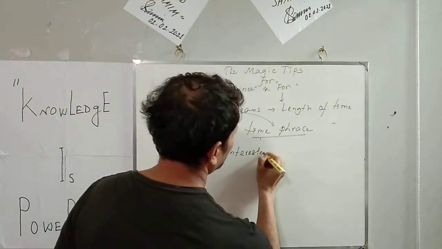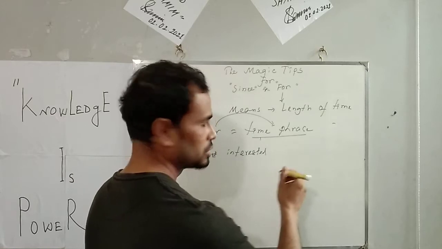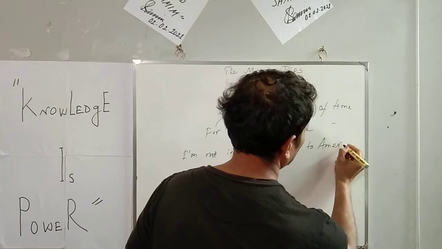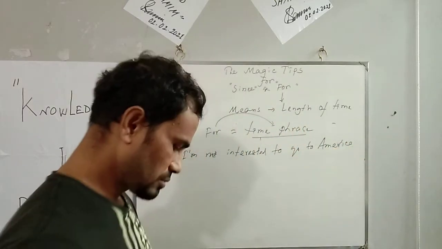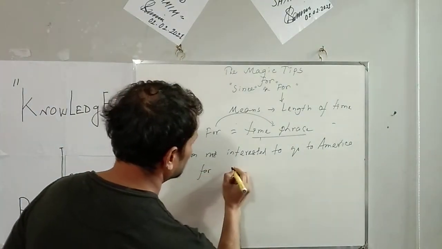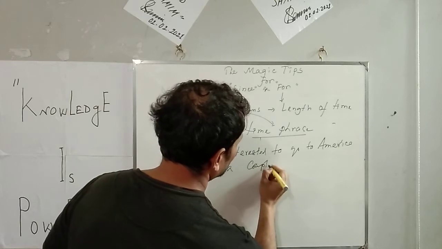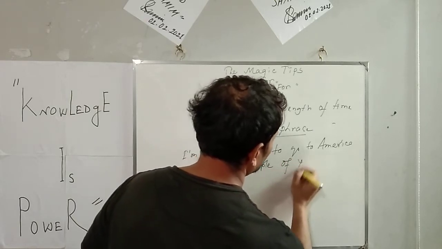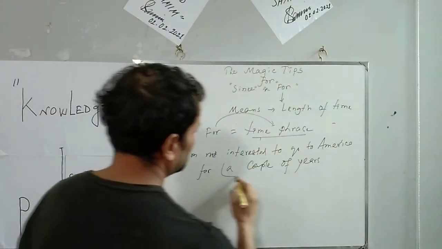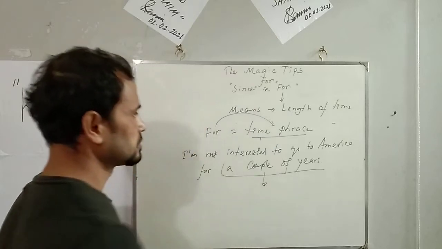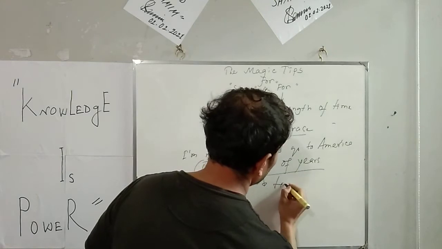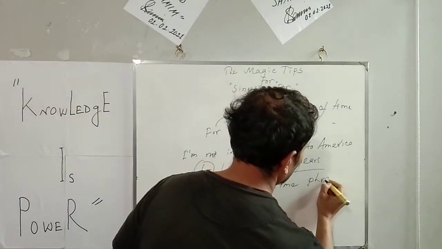A couple of years is a time phrase. That's why we use for before it.